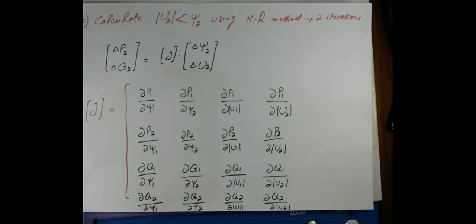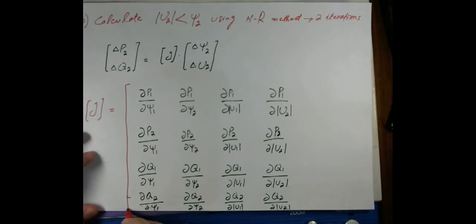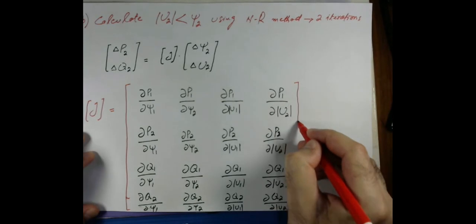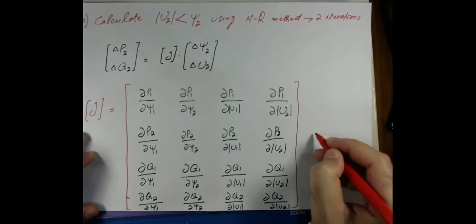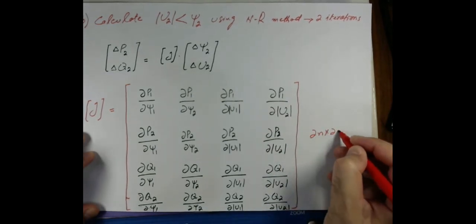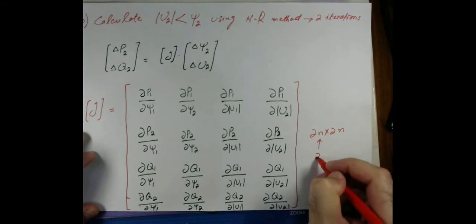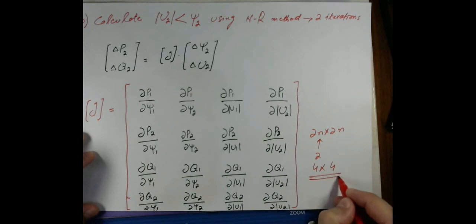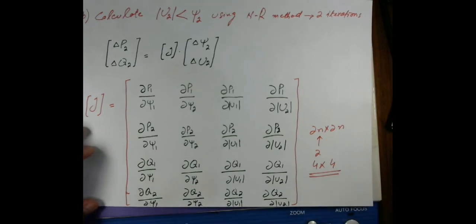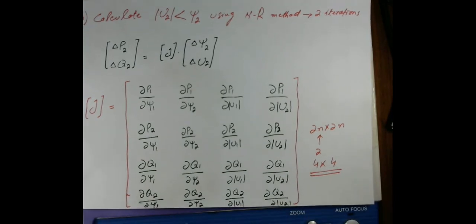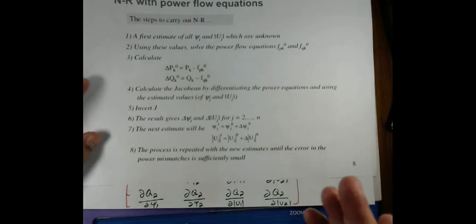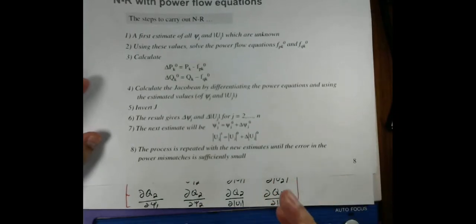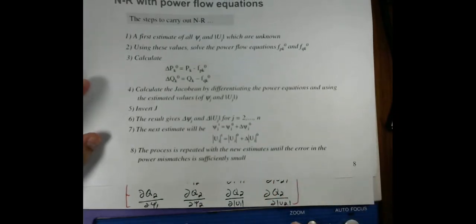So now this will be the Jacobian matrix having 2n cross 2n elements, and as n is 2, it will have 4 cross 4 elements. These are the number of elements for this particular network. Now, as I mentioned, we have to reduce the size depending on the given values, parameters, and also knowing the specifications of the different buses.